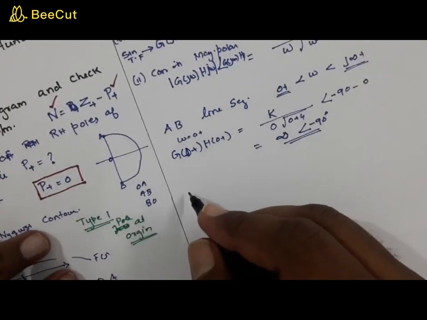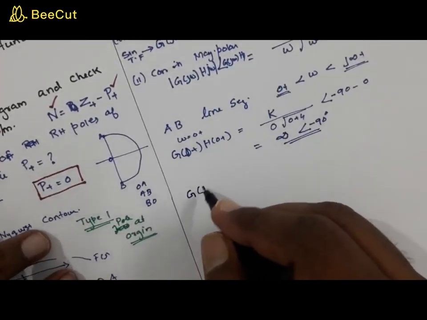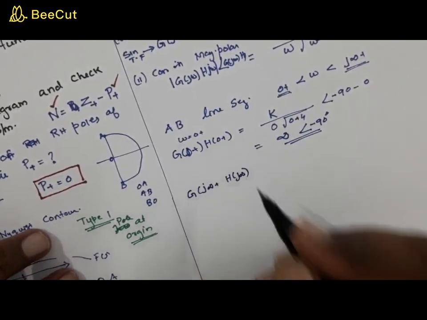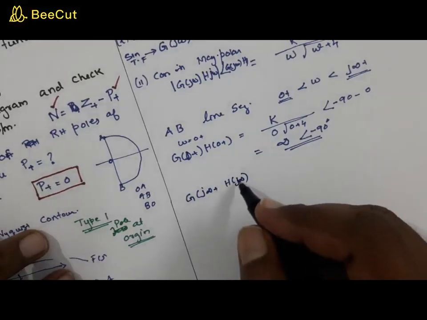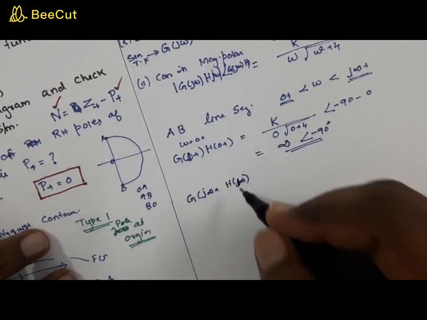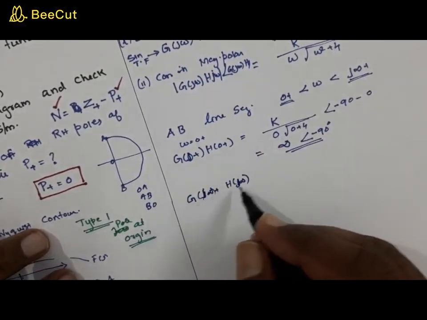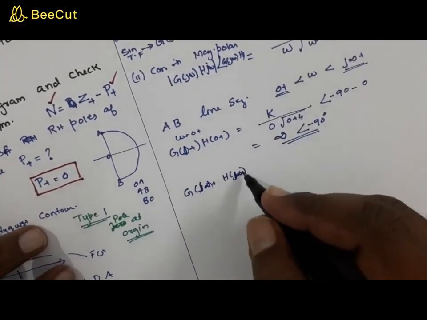Now similarly, you can also plot G of j infinity plus H of j infinity plus, right? Or infinity. You don't need to put j, because for omega we just need to put omega. Omega is equal to infinity plus, right?